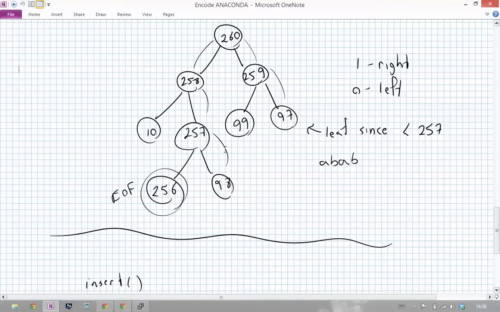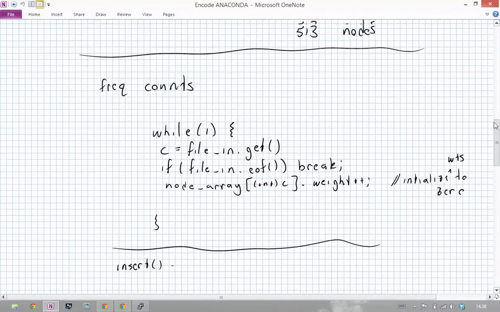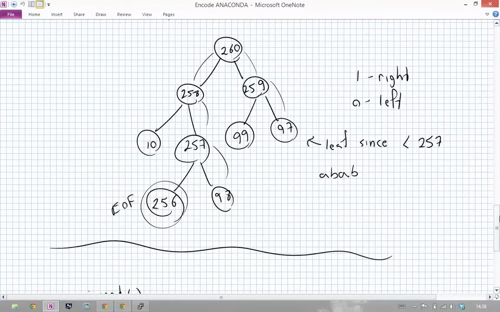Let's talk about how to encode this file. This was the file, I think, ABC or something like that. We're going to go through the input file, the file to be compressed, and every byte that we encounter is going to start us off at a leaf node.